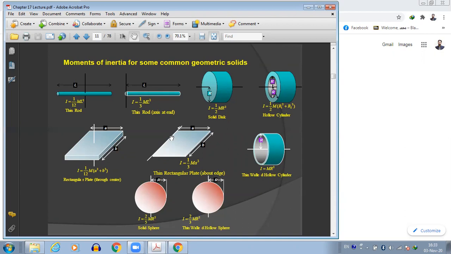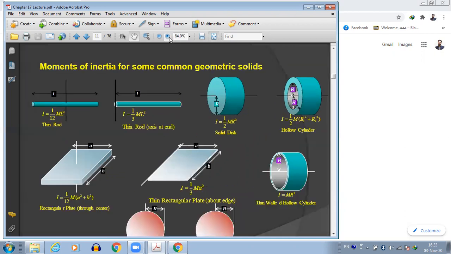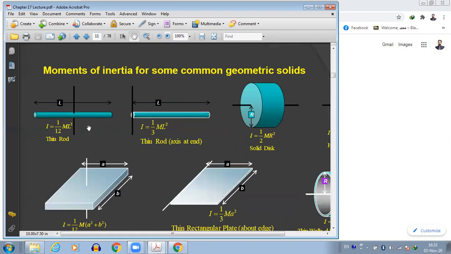So suppose we have a thin rod. A thin rod could be treated as a discrete, separate object. For a thin rod, if the axis of rotation is at the center of the rod, I is equal to 1 by 12 mL square, where m will be the mass of the rod and L will be the overall length of the rod.